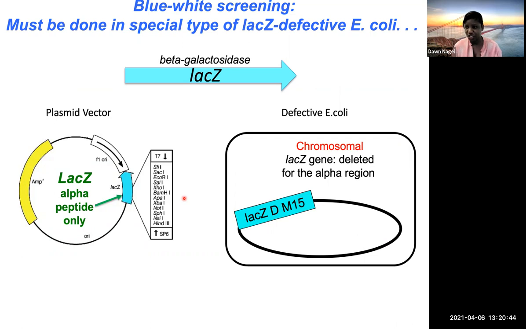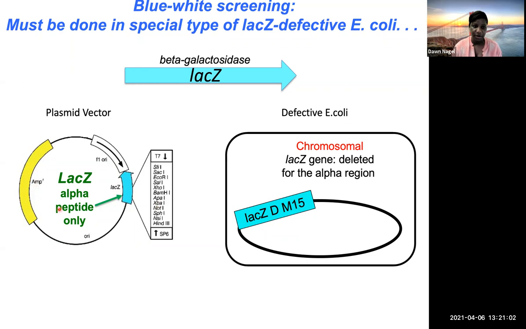Okay, is that clear? So it's just a region on that plasmid containing many different restriction enzymes like you were seeing here. And you would use one of these restriction enzymes to cut the plasmid so you can put your insert in here. Okay.